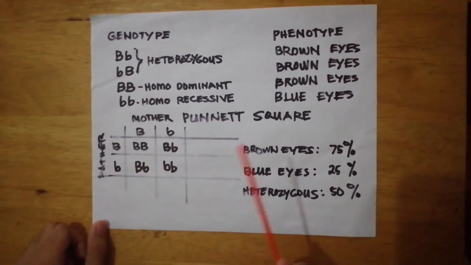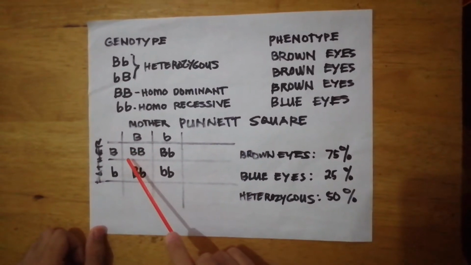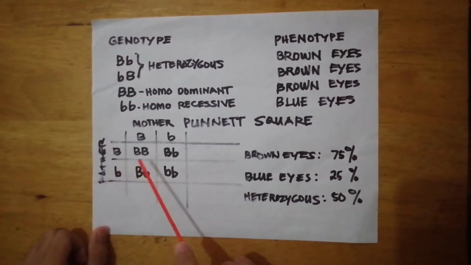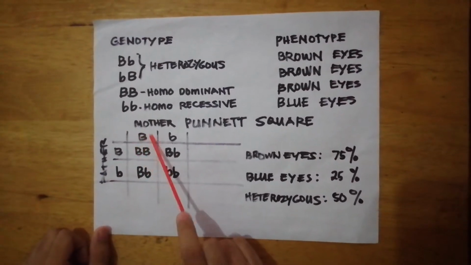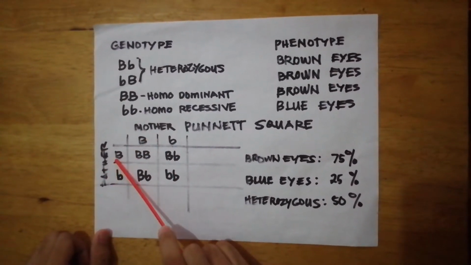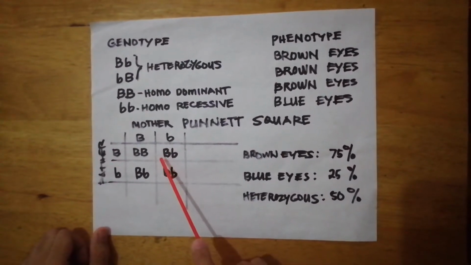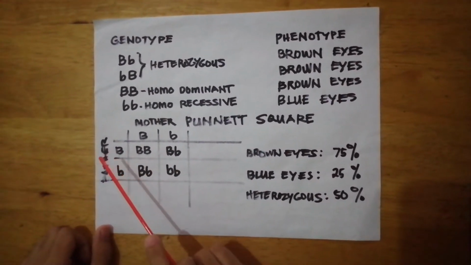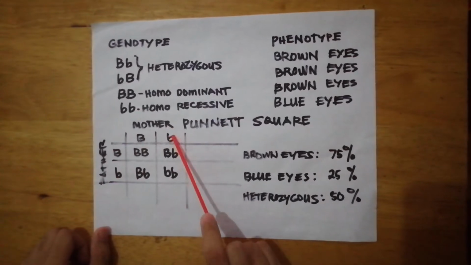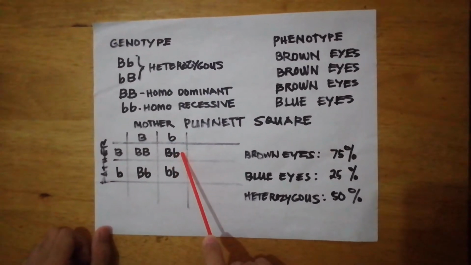The Punnett Square has 4 boxes. The first box has two dominant alleles, one from your mother and one from your father. The second box has heterozygous, a dominant allele from your father and a recessive allele from your mother.